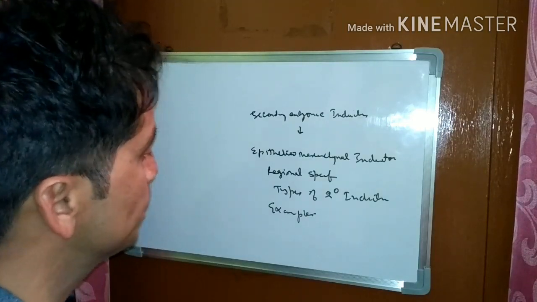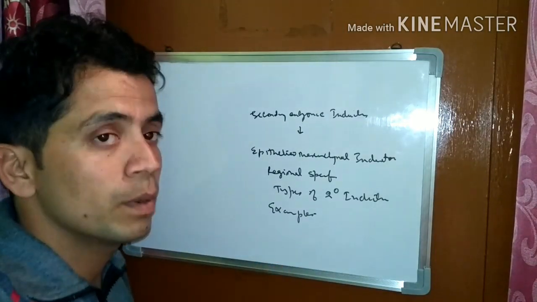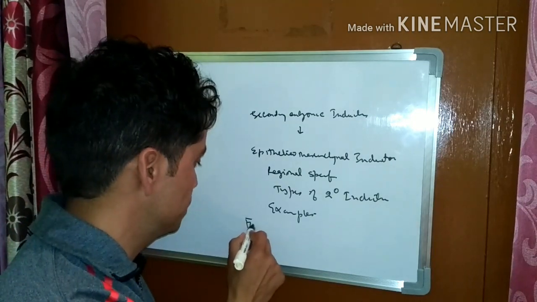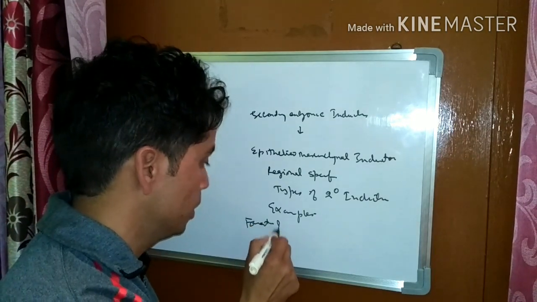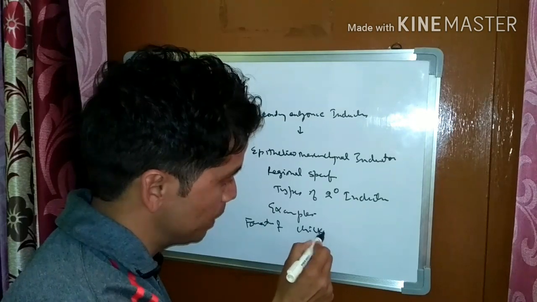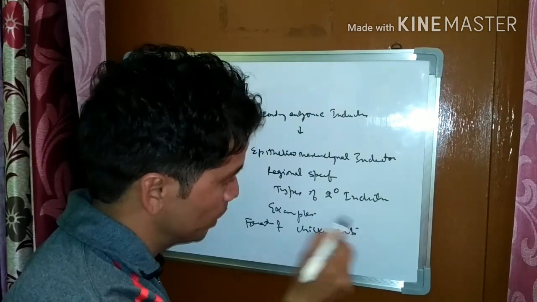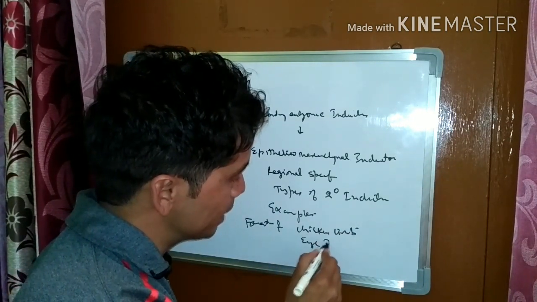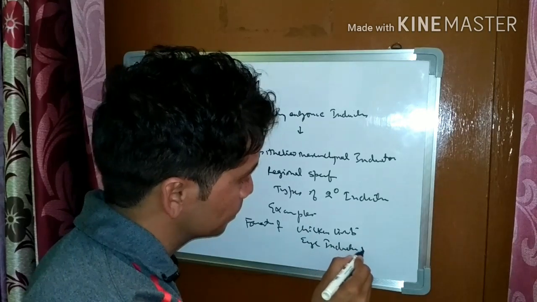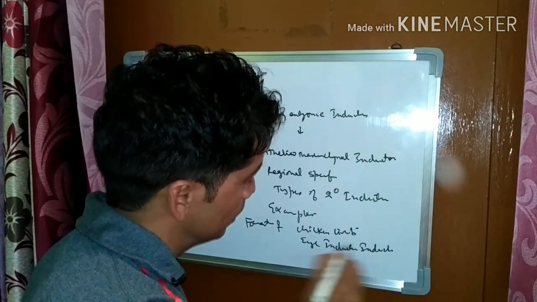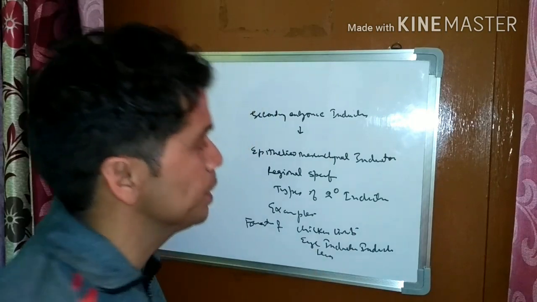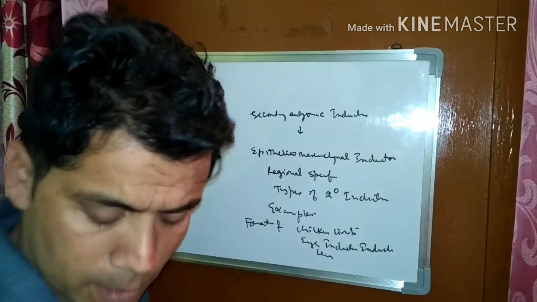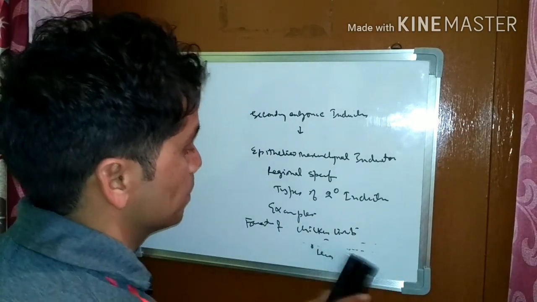I will tell later about it. These examples may include the formation of the chick limb, eye lens induction, and many more. We will discuss them in detail.